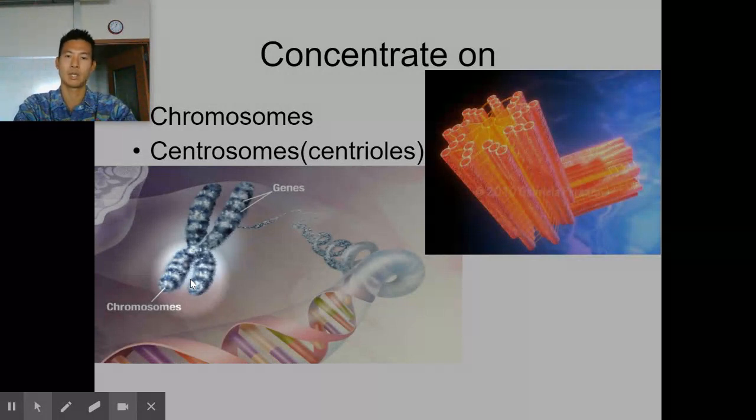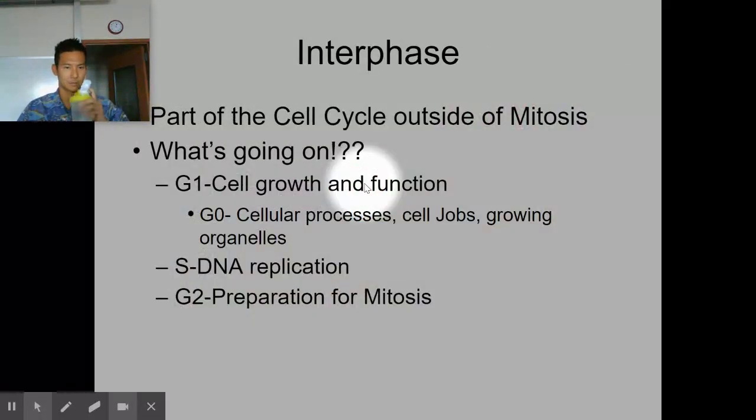So DNA, once it's packaged, folded neatly into a bar or an X, is called a chromosome. And these are the two structures we will be concentrating on during this lesson on the cellular process mitosis.